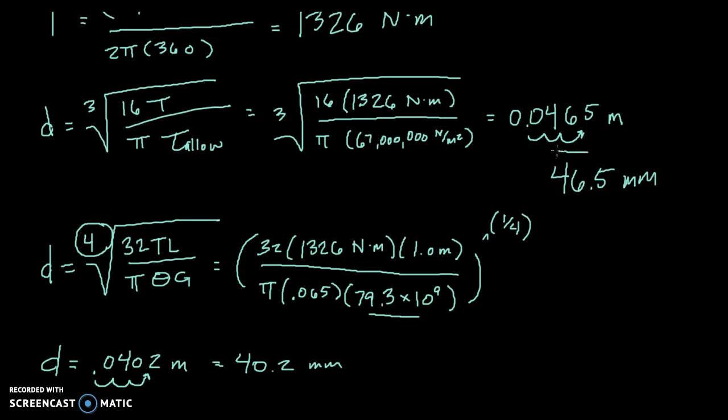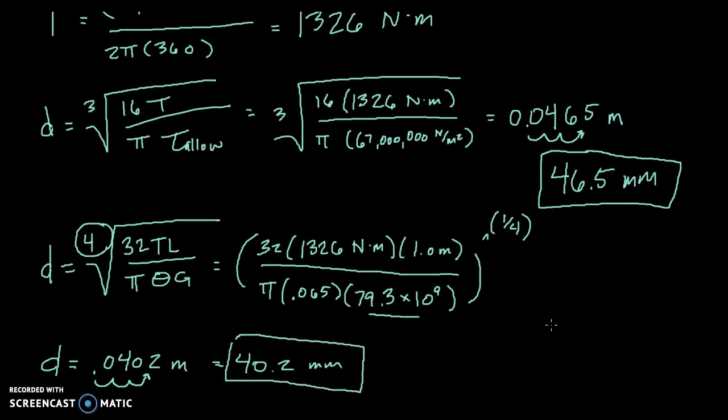So, based on our two design criteria, stress says we need to have a bar that's 46.5 millimeters. Angle of twist says we need one that's 40.2. So stress is going to control the design. So we need at least a 46.5 millimeter solid steel shaft.